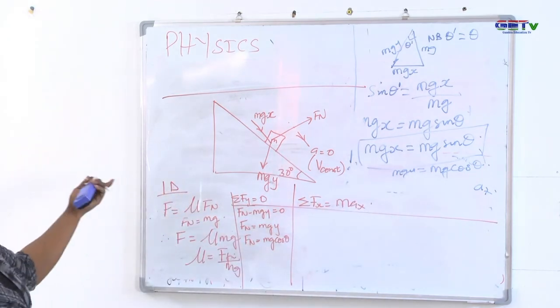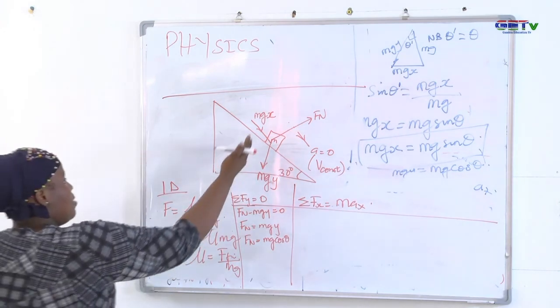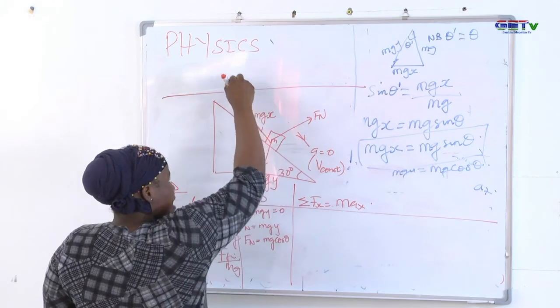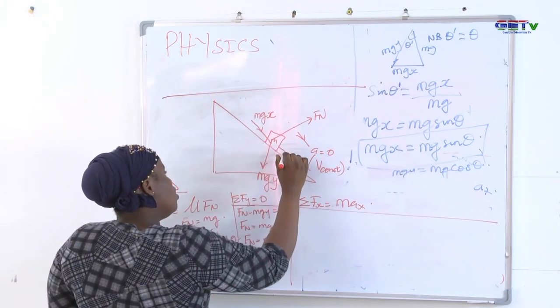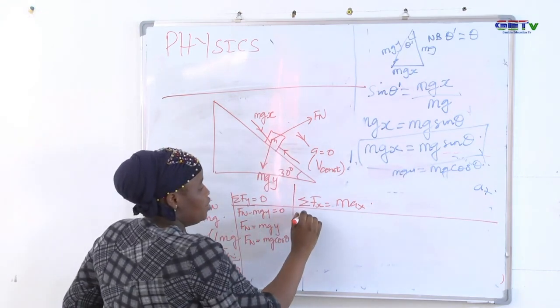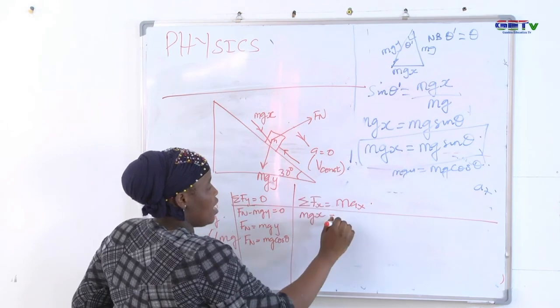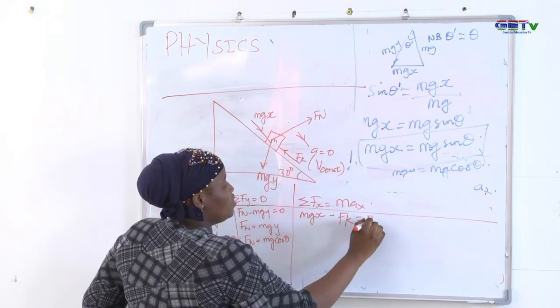What are the forces acting? It is mg of x, which is sliding the block down, and frictional force, which is trying to oppose the force. So that gives us mg of x minus Fk, which is the frictional force, is equivalent to ma of x.